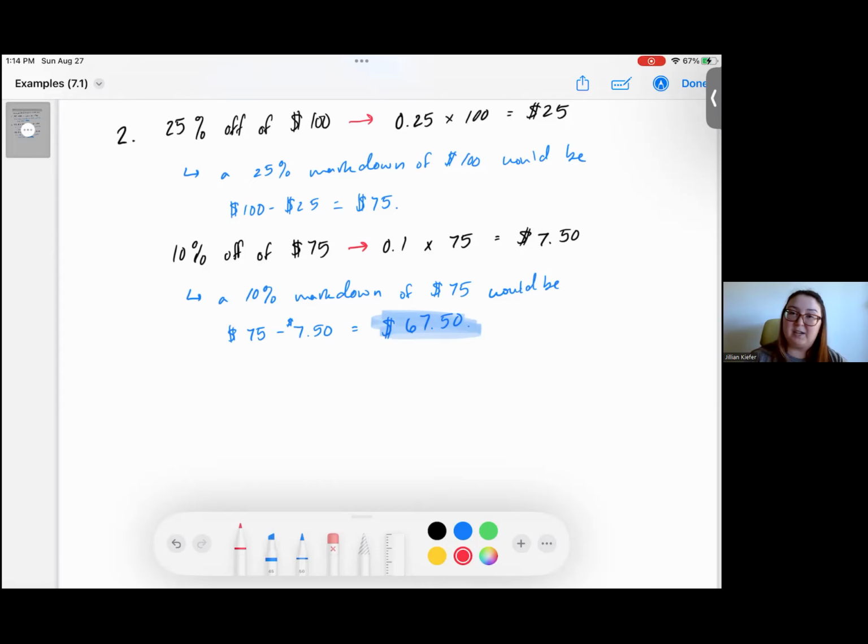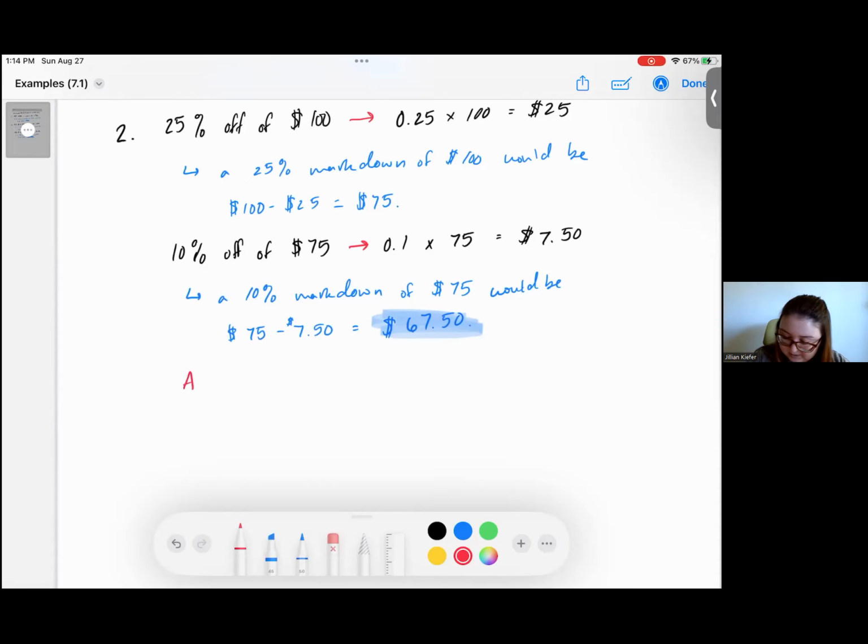But we can find the percent increase or decrease. So we can find the amount decrease from the original amount, which was $100. And we subtract 67.50. This gives us $32.50.